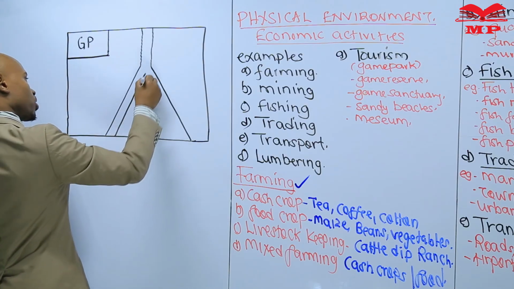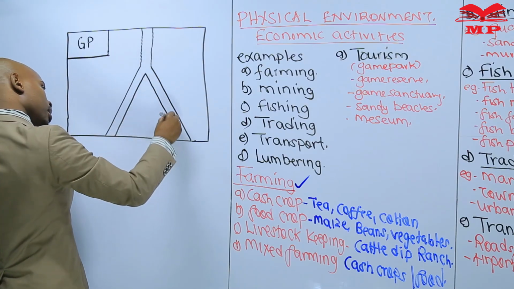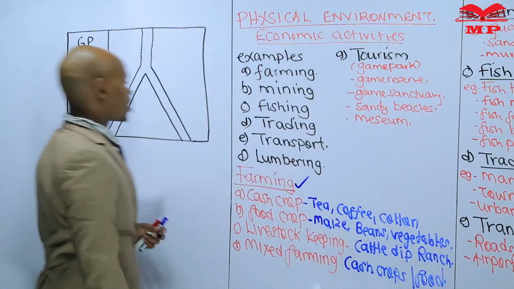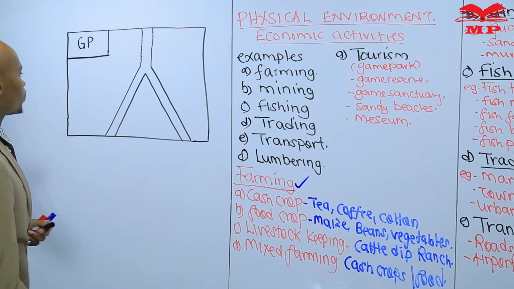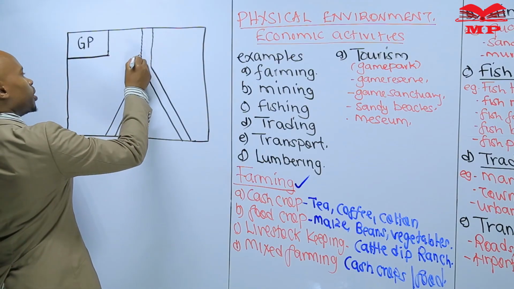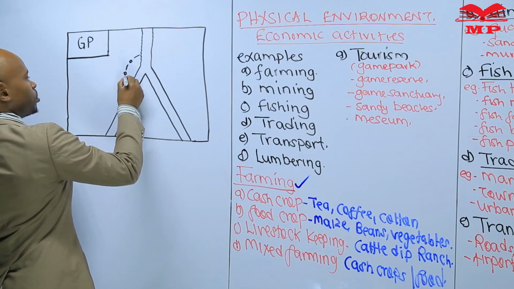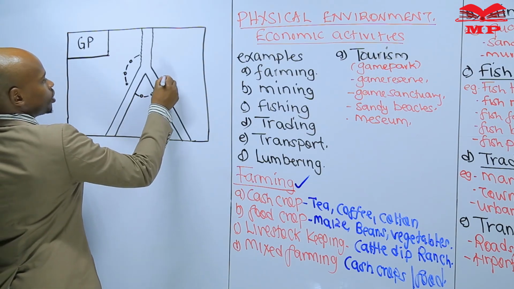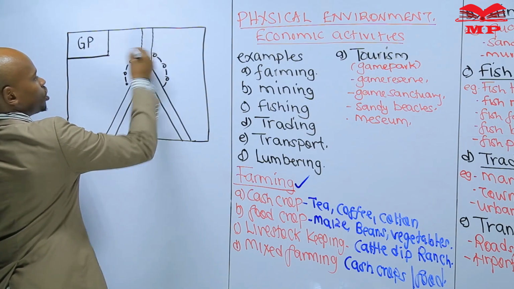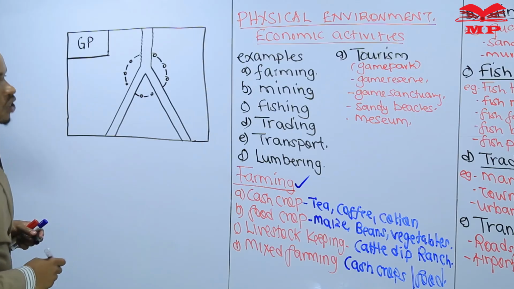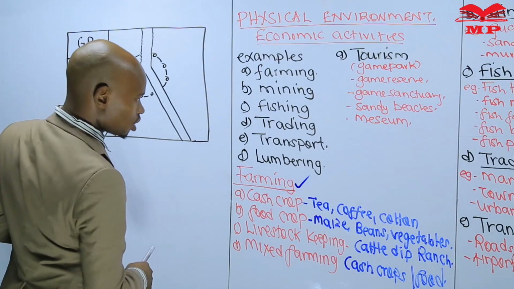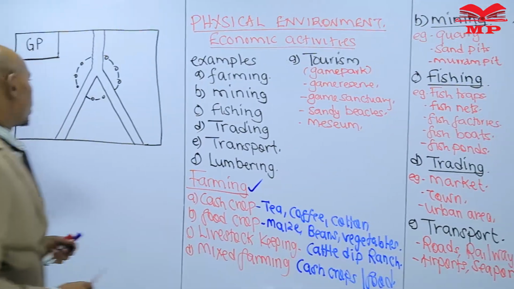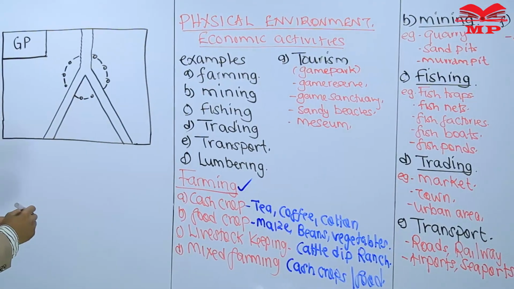We have said a road will show you an economic activity in the name of transport, and here maybe in the road junction, and mostly a road junction attracts the formation of a town, and a town will have trade. We have talked about town and trading.